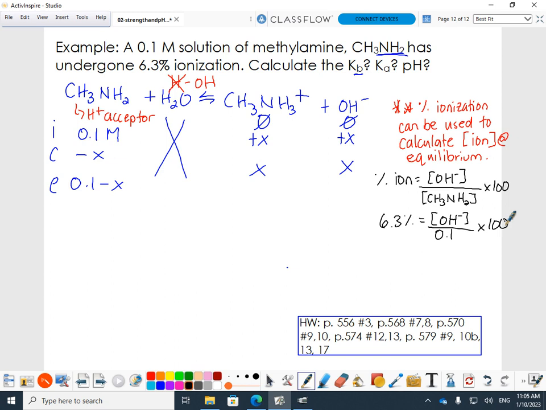So divide by 100. Multiply by 0.1. Even some of you will recognize that that's just one more decimal place. That's fine. You can definitely do shortcuts.